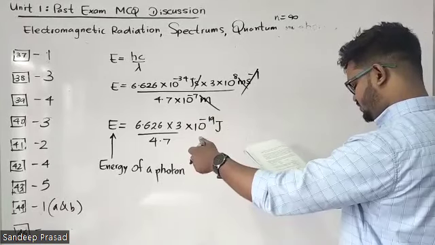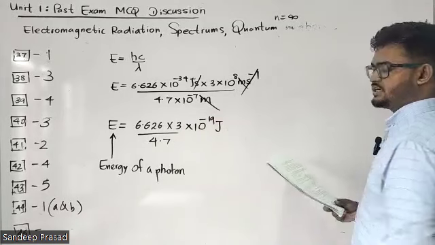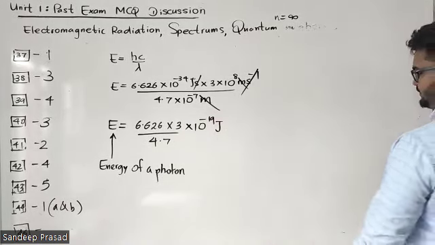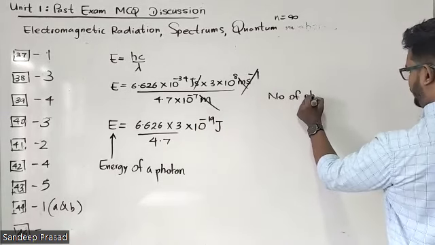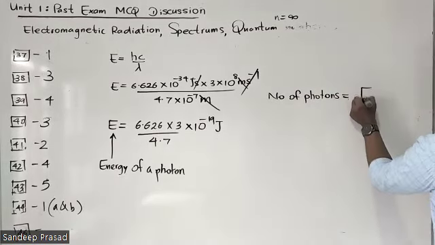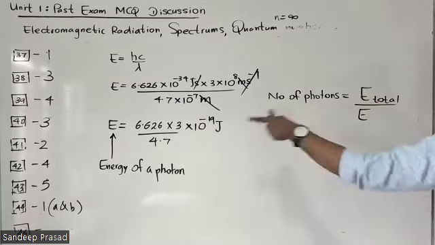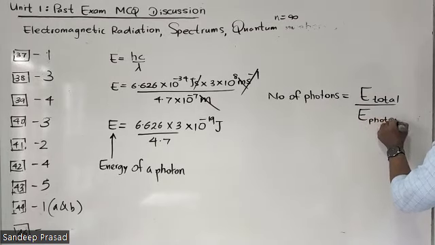How many photons will contribute to this process within 1 second? How do you find that? The total energy is 6 joules, right? In order to find the number of photons involved, we divide the total energy by the energy that we calculated for one photon. Then you will obtain the number of photons.